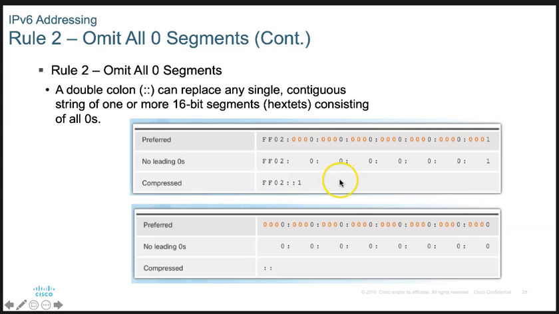Now you can further compress it. Since you have one, two, three, four, five, and six hextets, they're all zeros. You can omit all of them and just have a double colon and 1. That means you have omitted all the rest of the hextets you're replacing. So as a result, you have shortened them.